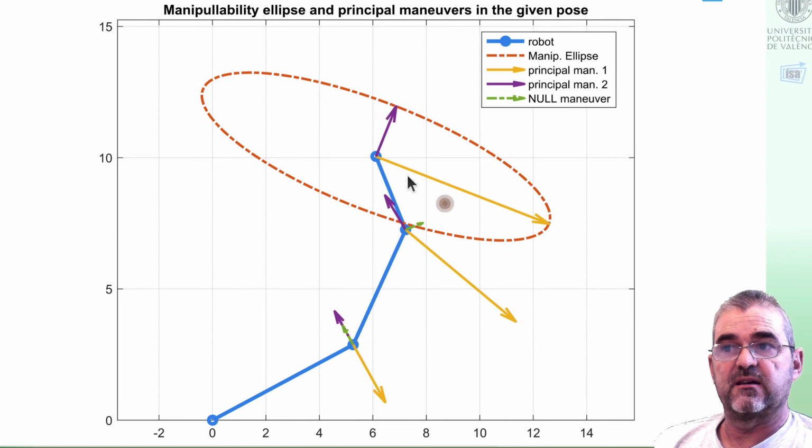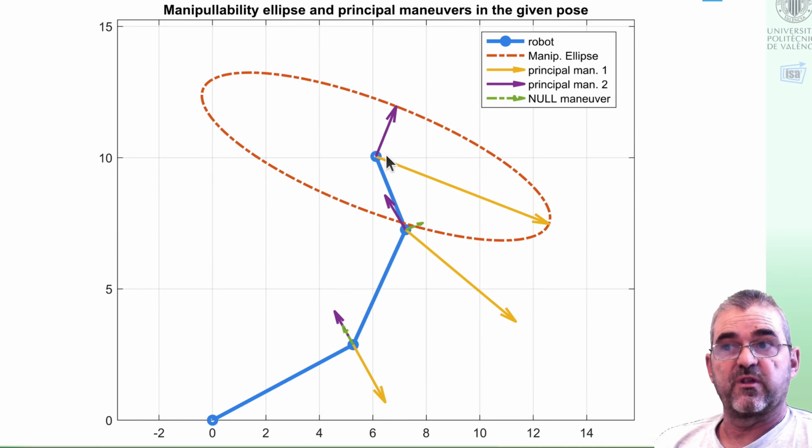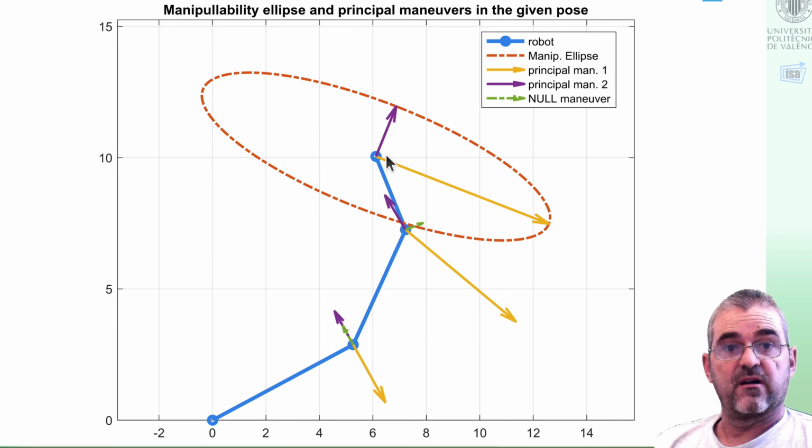So the maximum gain maneuver, maximum speed of the end-effector with unit norm input, is the yellow arrow. The purple arrow is the second principal maneuver with a minimum gain, of course, excepting the null space maneuvers. And then in green we have a null space maneuver that does not move at all the end-effector. So this is the interpretation of the manipulability ellipsoid and the principal maneuvers.